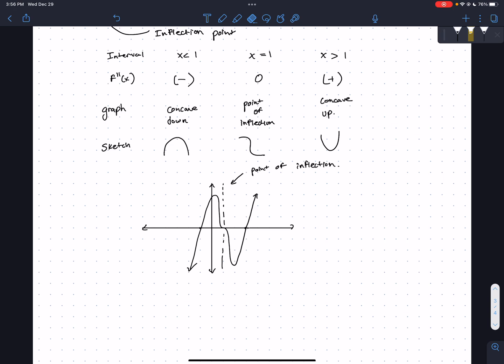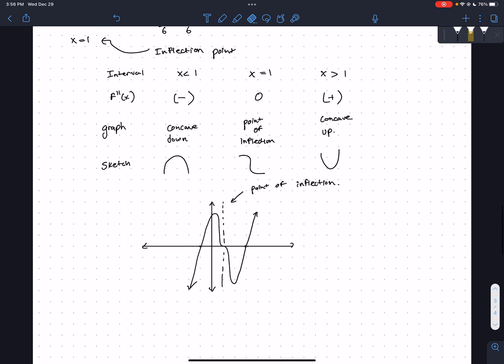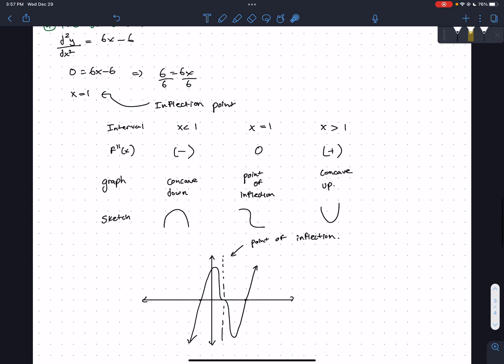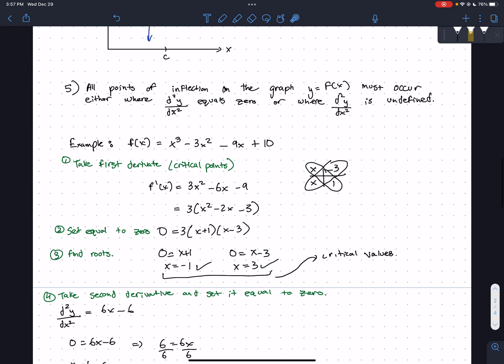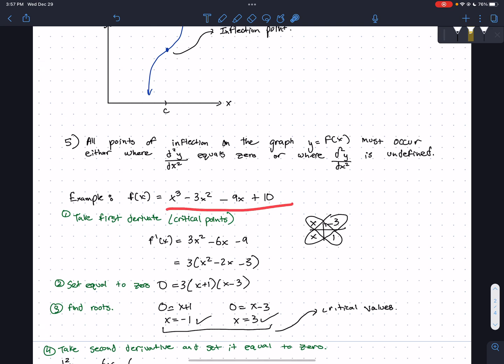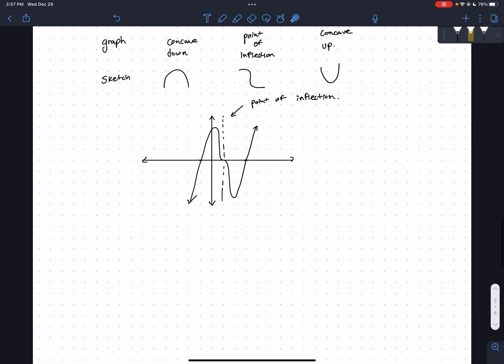So one other thing is we actually don't know where this point of inflection is. We just know it's at x equals 1, but we don't know where on this line it is. The way you could tell, though, is you can sub the value into the function. So x equals 1 into this function, and it will tell you where. So it's not exactly correct.